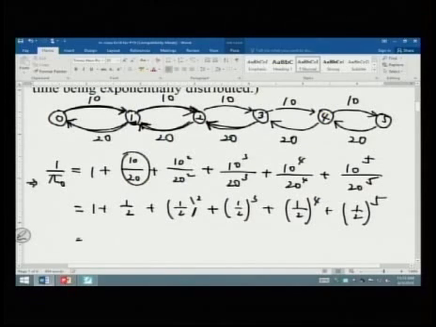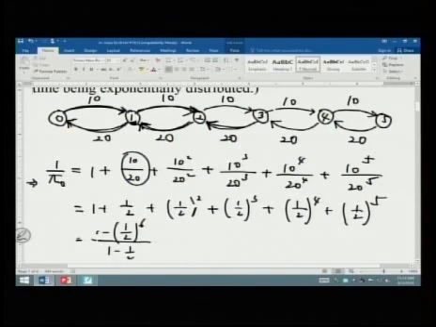What is this? Is that 1 minus 1 over 2 to the 6th power over 1 minus 1/2?